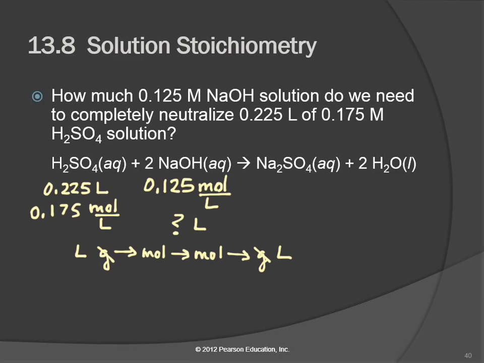So we're going to start with this guy that we know about, and this is the one that they're asking us about. So 0.225 liters of sulfuric acid solution. We're going to convert liters to moles.